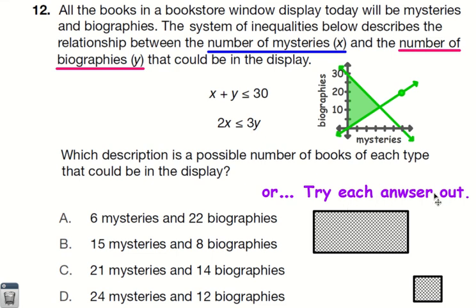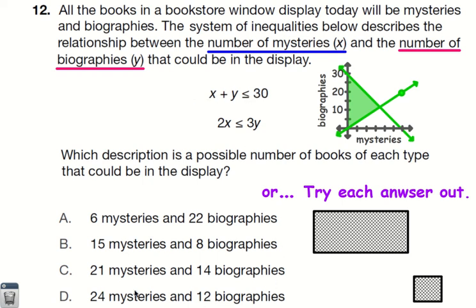But let's go back to trying out each answer. So, for example, if you did 24 plus 12, 24 for x, 12 for y, is that going to be less than or equal to 30?